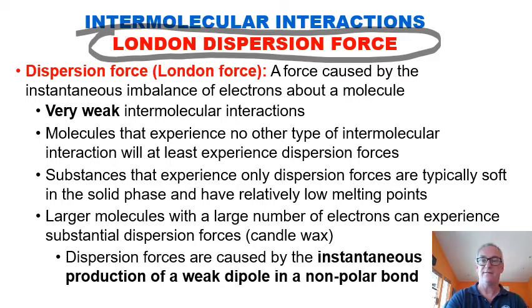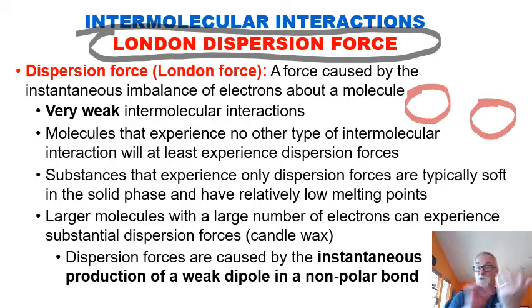So if I have a big bag of electrons over here and a big bag of electrons over there, and they're constantly moving around, at any instant in time, there can be slightly more electrons on this side than the other side. And this one side of that molecule can have a slightly negative charge, and the other side of the molecule will now have just a slightly positive charge.